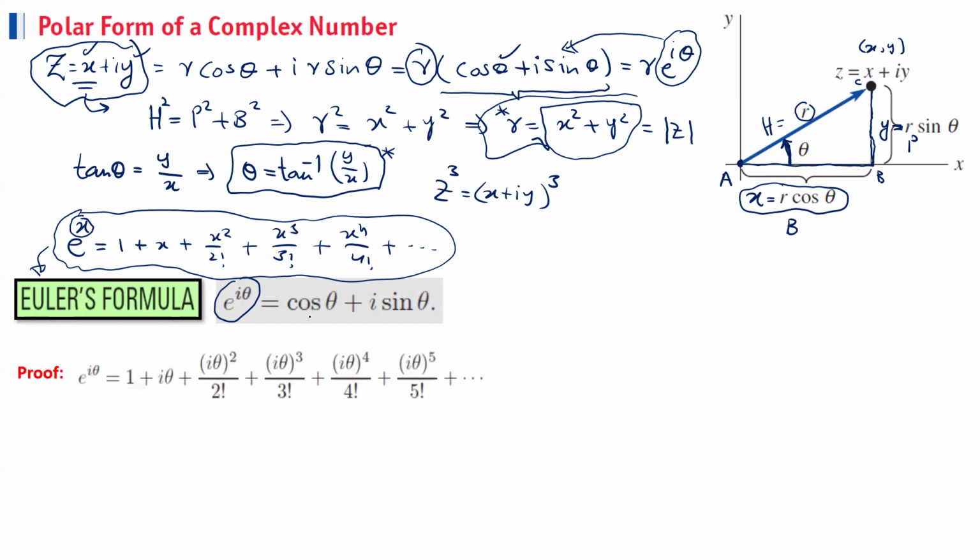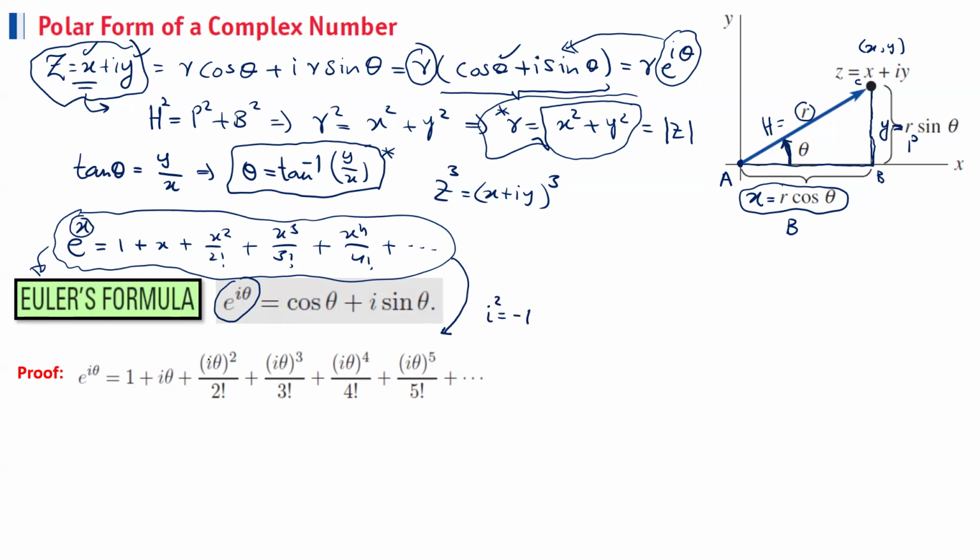So let's see how. I'm using this expression, the Taylor expansion of e to the x about x equals 0, and I'm just replacing x by i theta. Everywhere there is x, it will be replaced by i theta. Now I can use something from complex analysis, because I know that i squared is equal to -1.